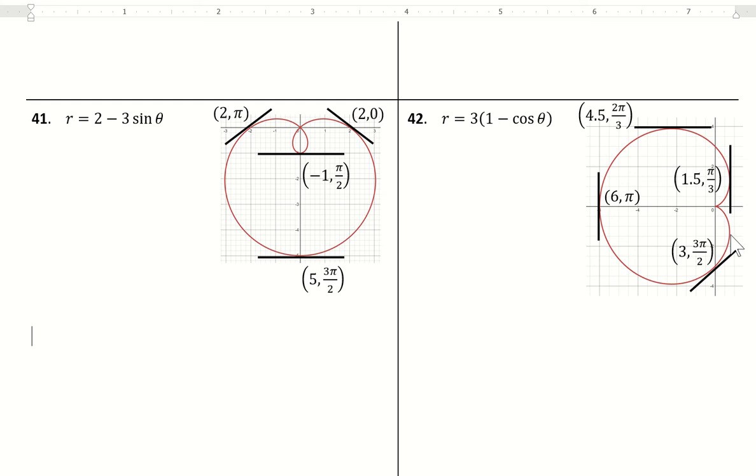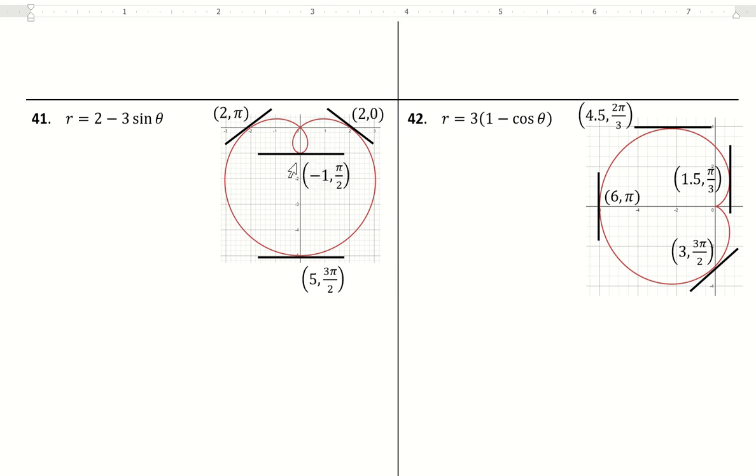So you're probably only going to need to actually plug into your calculator for this line and these couple of lines. Oh, and by the way, I'll even save you a little bit more work. Whatever you get when you plug in pi, or 0, you might want to plug in 0, it's easier. These limacons, I don't even know what these are by heart, but this graph is symmetrical.